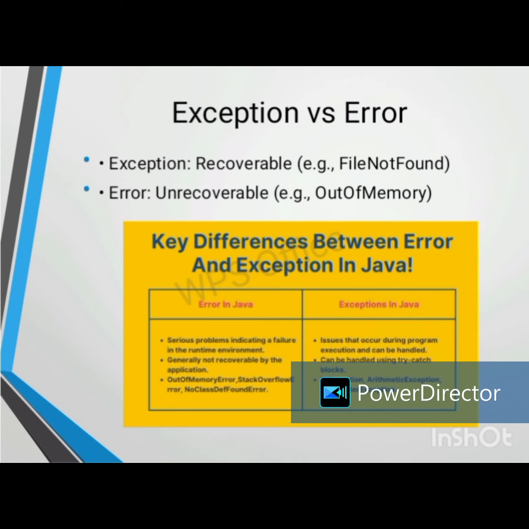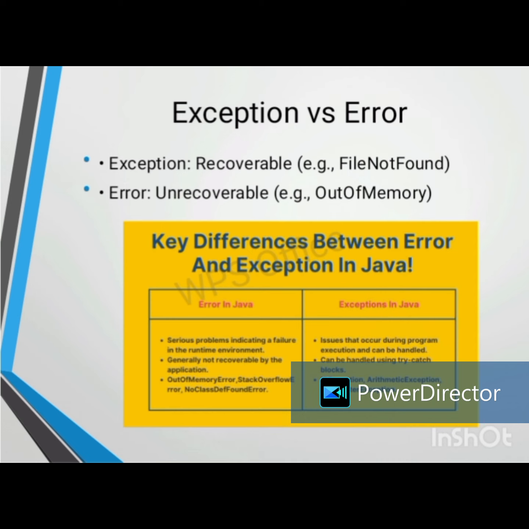Let's talk about Exception first. This class represents conditions that a responsible application might want to catch. Under this class, we have two key subcategories. First one, checked exceptions. Those are checked at compile time. Examples include IOException, SQLException, etc. The compiler forces you to either handle them using a try catch block or declare them using the throws keyword.